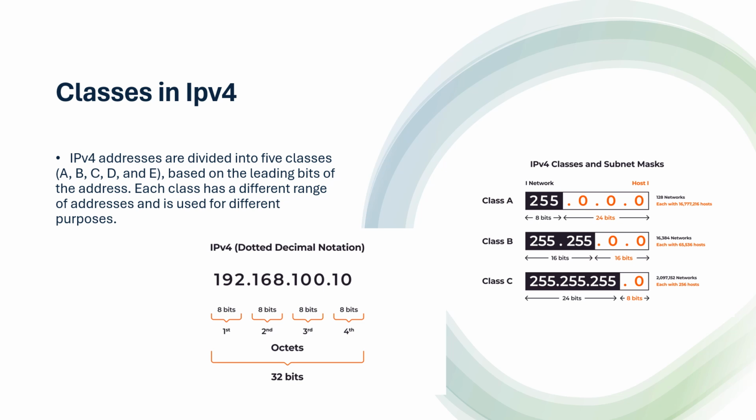We will learn about different types of classes: class A, class B, class C, and more. IANA allots the network address to the router, and the router or default gateway has to allot a unique address to every host.